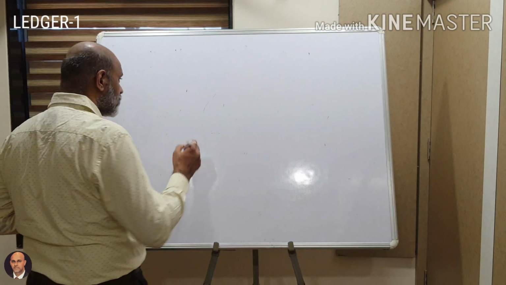Whenever you are doing your ledger, it will have two important aspects. One is posting, that is what you are taking from the journal and putting it to the ledger. And the second is balancing. These are the two things which are very vital in a ledger, which you should know.